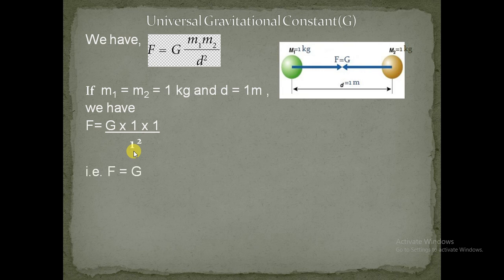Then we get F is equal to G. Here F is gravitational force and G is the universal gravitational constant. So in this condition, if we put both masses 1 kg and distance 1 meter, we get the gravitational force equal to the universal gravitational constant.